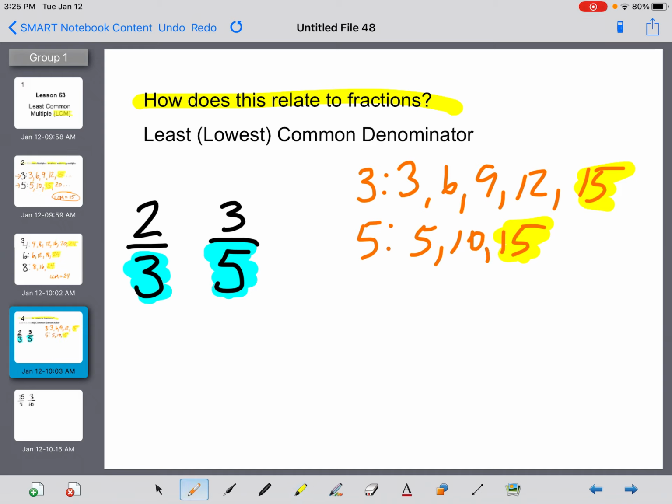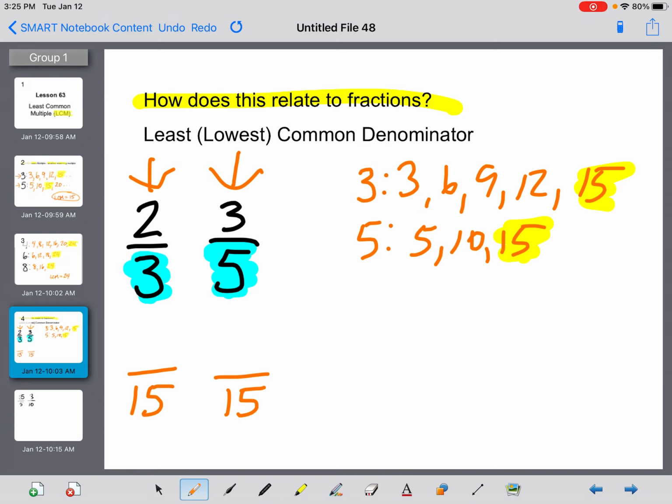So what you're going to do to find a common denominator is take these two fractions and make equivalent fractions with 15 as the denominator, because our lowest common denominator is going to be 15. A lowest common denominator can be found using the LCM.